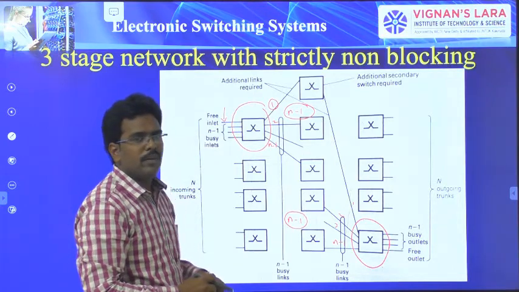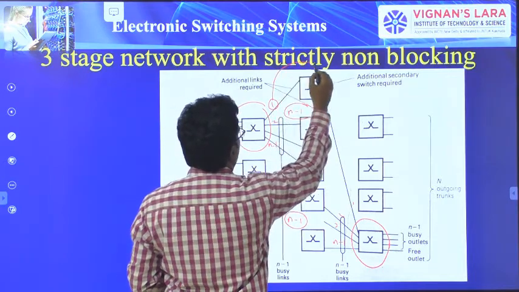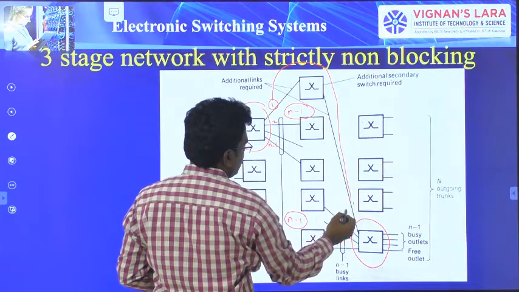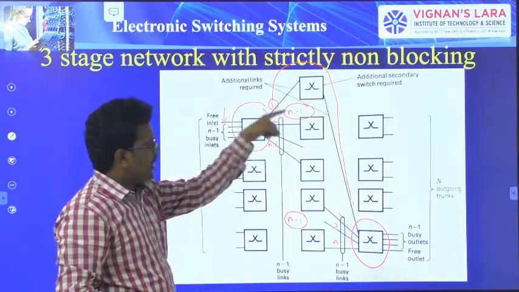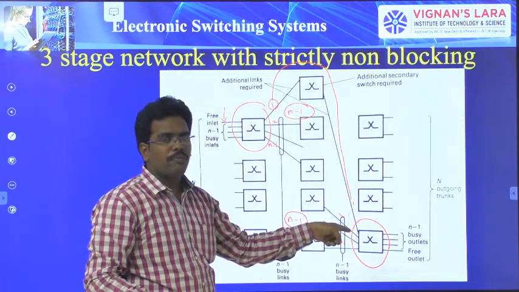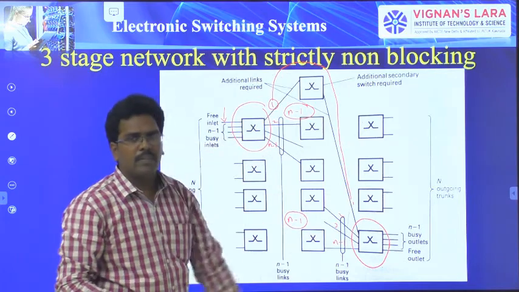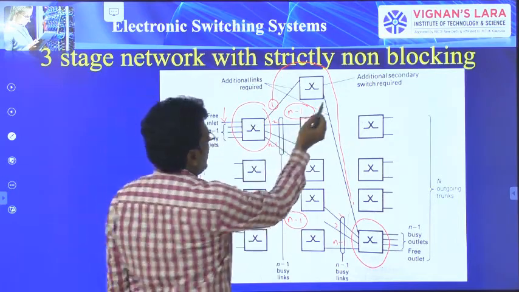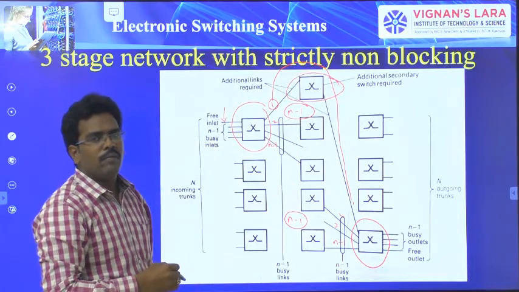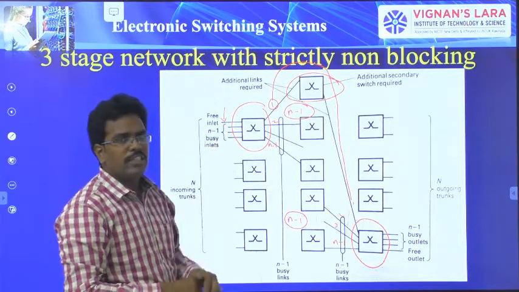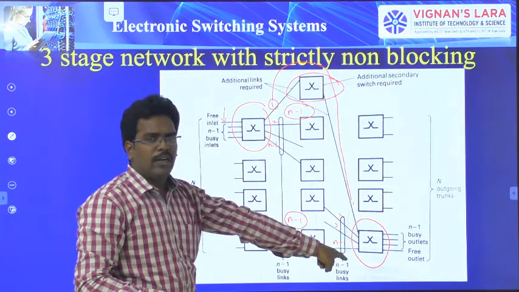In that case, our objective is to connect the free outlet of primary stage 1 to the free inlet of the ternary stage. To get this path, we have to use an extra secondary switch in the second stage. Then only, without blocking, can you establish a connection from the free outlet of the primary stage to the free inlet of the ternary stage.